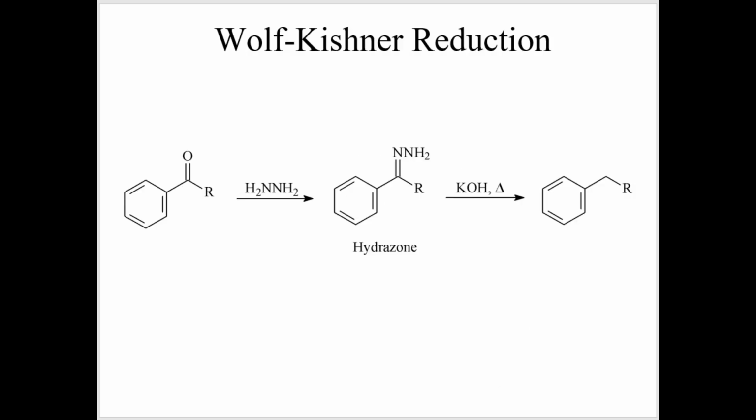The second way to reduce the phenyl ketone is to do what's called a Wolff-Kishner reduction. And we'll talk about reacting ketones with amines towards the end of the semester, but if I react the ketone with hydrazine, I end up forming what's called a hydrazone. And when I make this hydrazone, if I treat it with KOH and heat, then I end up forming this straight-chained alkyl benzene.